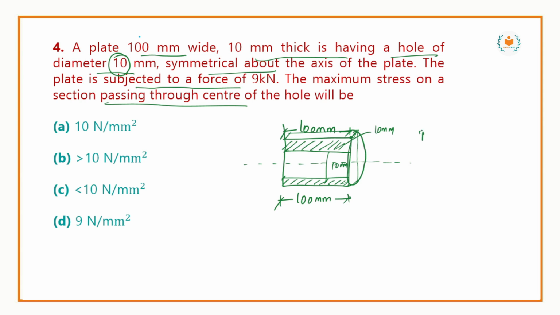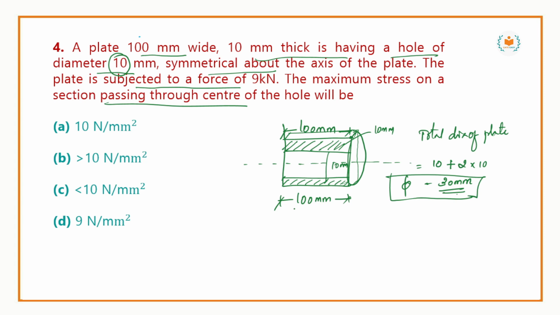So the total diameter of the plate, I will write it as the internal diameter of 10 mm plus the thickness on the two sides. So this will become 30 mm. So the total diameter is 30 mm. Now this is being subjected to an axial load of 9 kilonewton on both the sides.